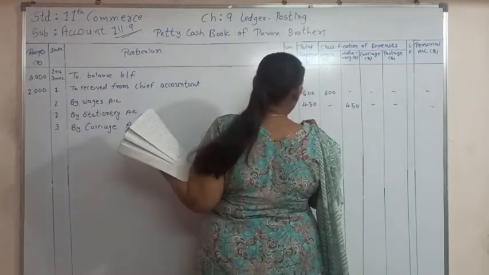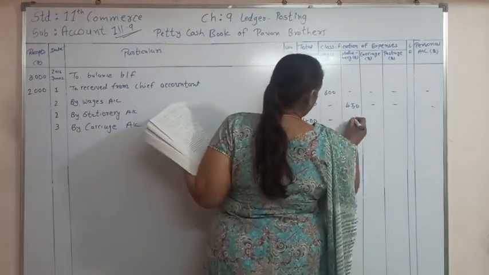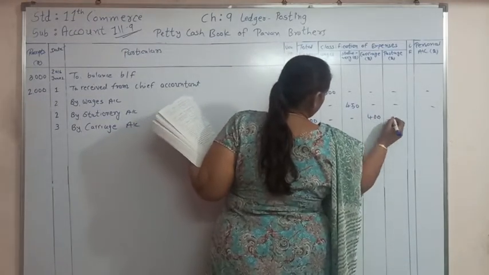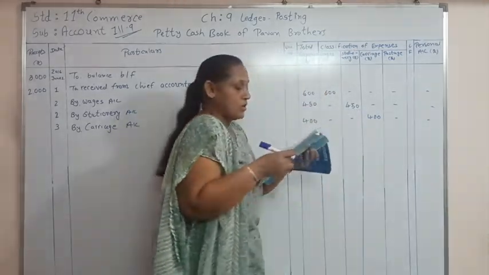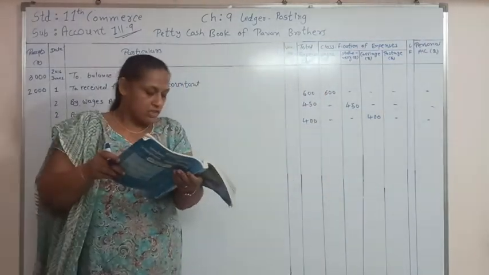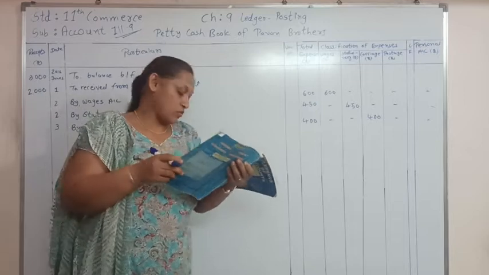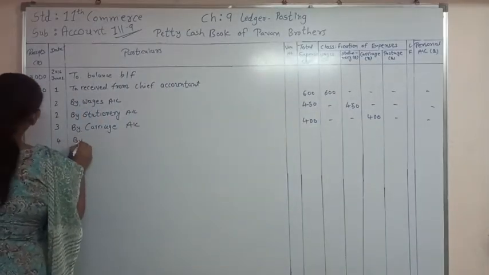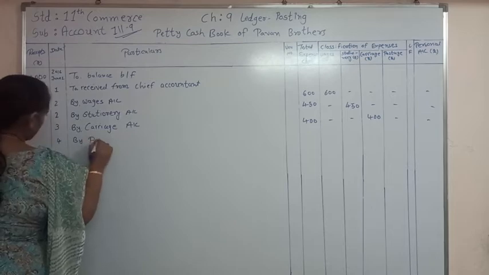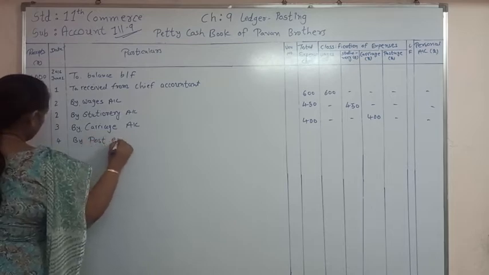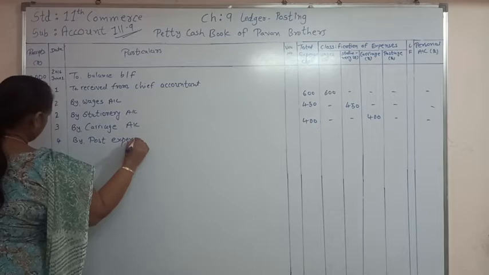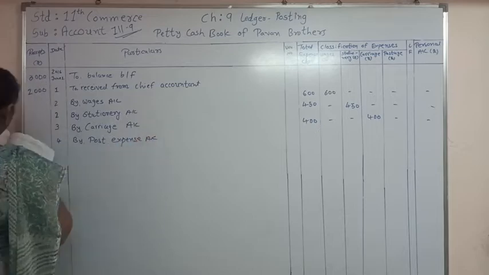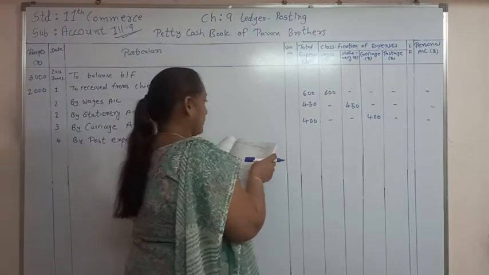So that we will write 400. Now on fourth date, purchased postal stamps of rupees 250. So fourth date, by postage expense account, and it will be 250.